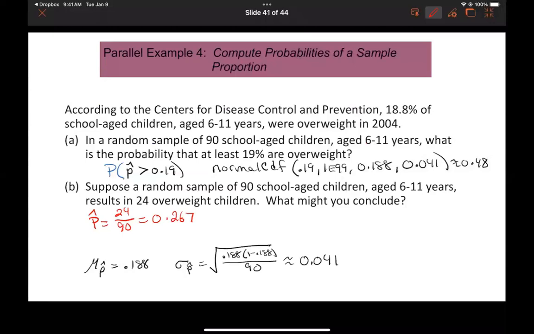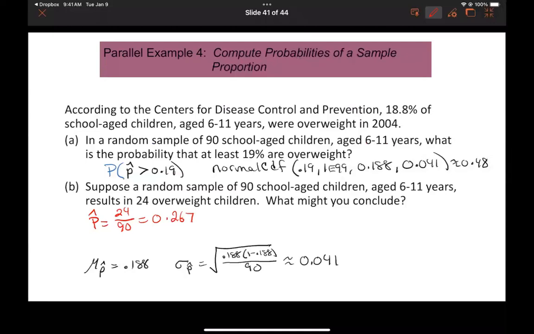One of the ways that I can draw some conclusion here is to find the probability of finding greater than or equal to 0.267. This is probably how I would do it.